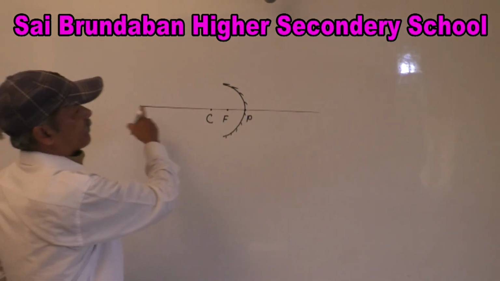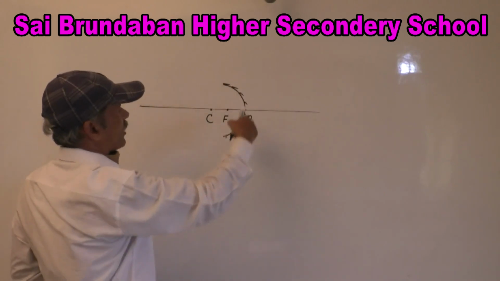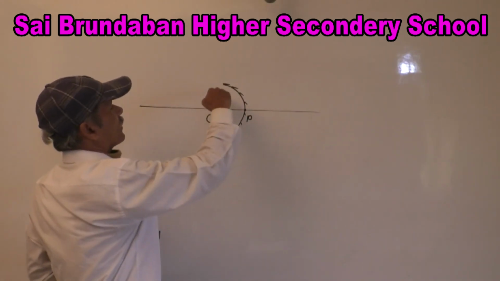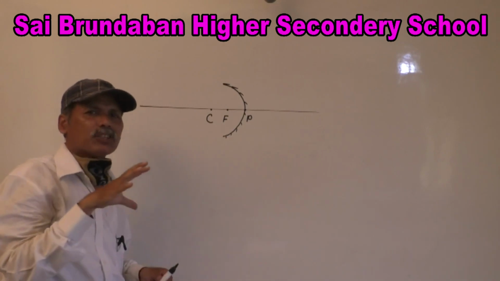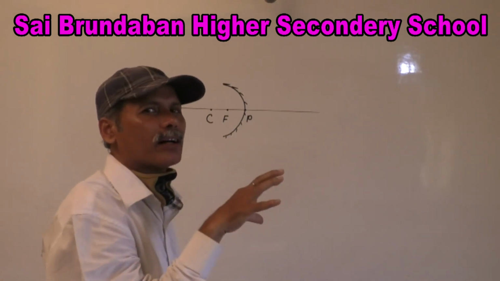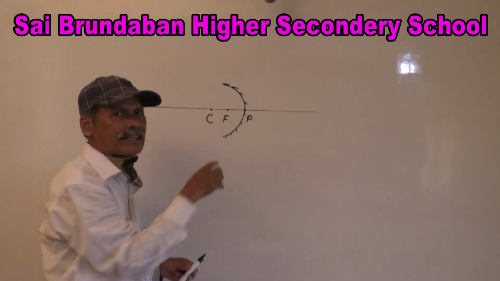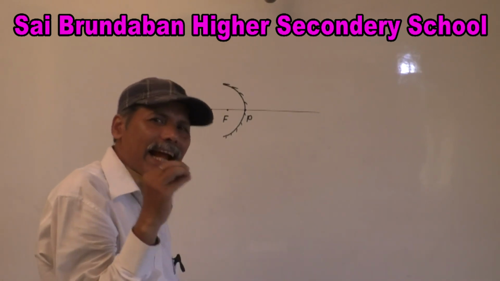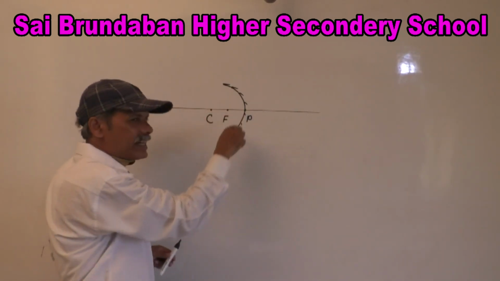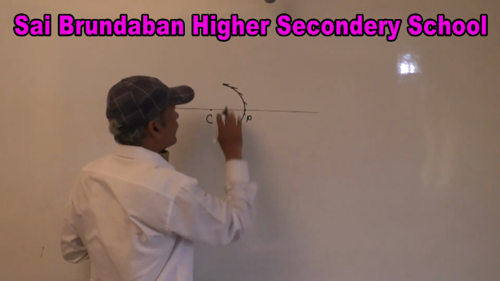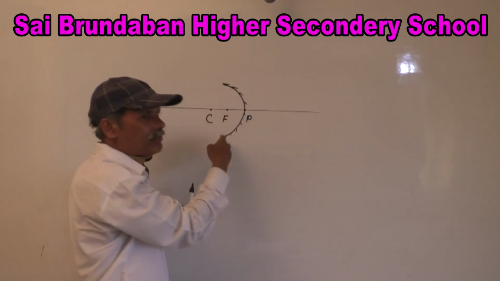So this is the principal axis. This is a concave mirror. Cave, you know cave? Cave means gumpa. The reflecting surface appears like a cave, so it is called a concave mirror. This is the reflecting surface.